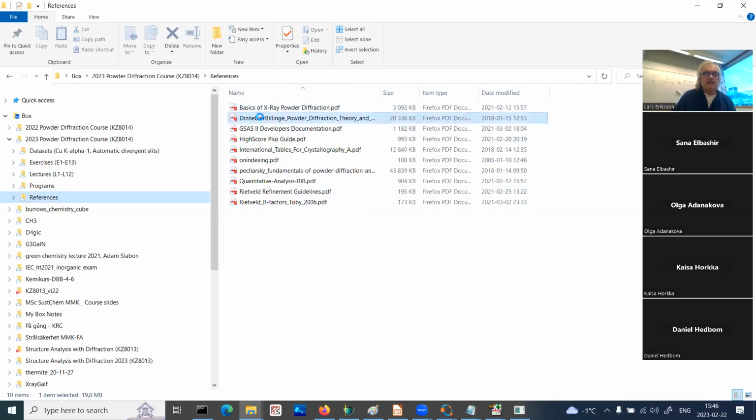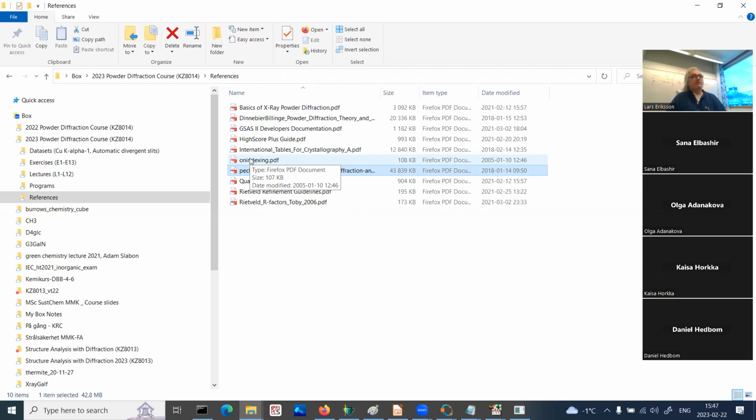Have you been looking at the Dinnebier and Billinge and Pecharsky? They are quite dry, if I should be kind. But you can have a look through them at least. Search for it.